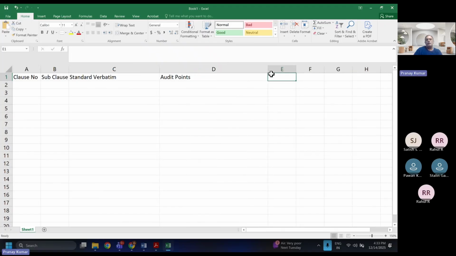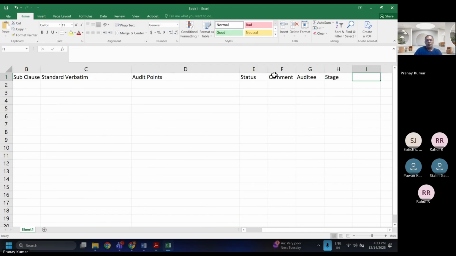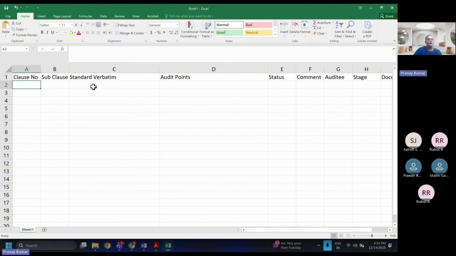These audit points will then yield us, when we are doing auditing, some status. Every time you put a status, you'll have to mention comments. I want to understand who is going to be the auditee. I would want to mention what is the stage, what is the document needed if you are an implementation professional.